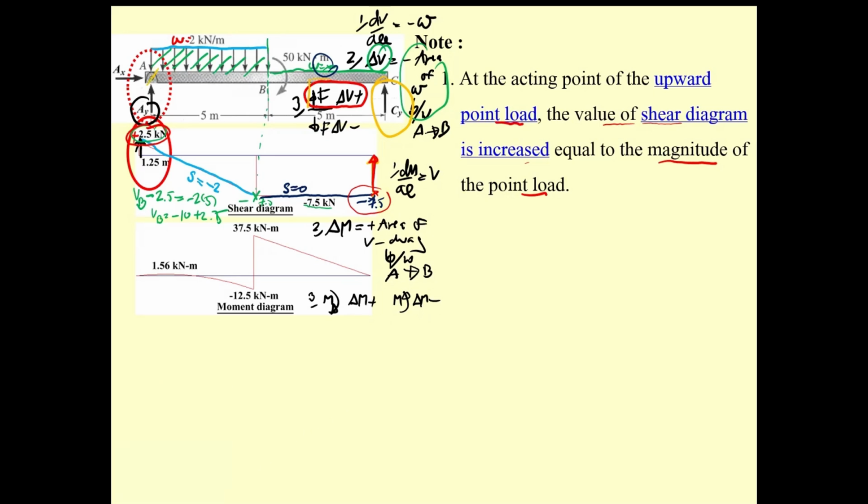If there is no external moment, M cannot jump, cannot be zero. Okay. Then the slope of this one is going to be the shear.